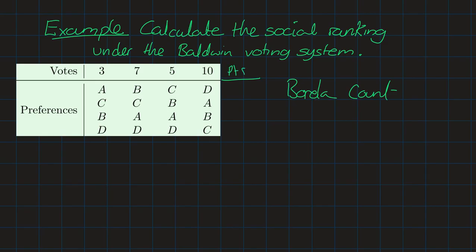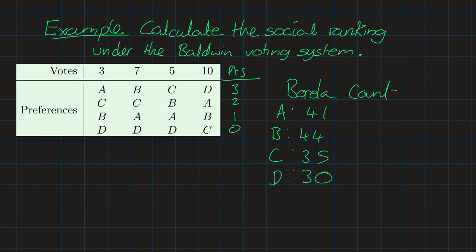If you recall, the points are 0, 1, 2, 3. If you work it out, like we did in the previous video, you'll see that A gets 41, B gets 44, C gets 35, and D gets 30. I'm not going into details because I did this exact calculation in the previous video.